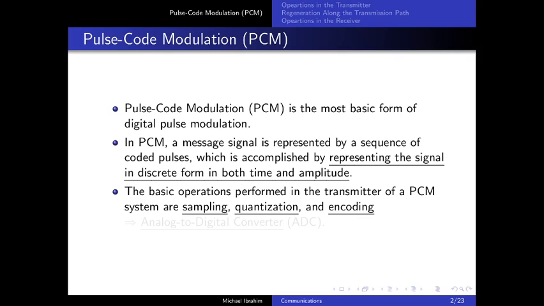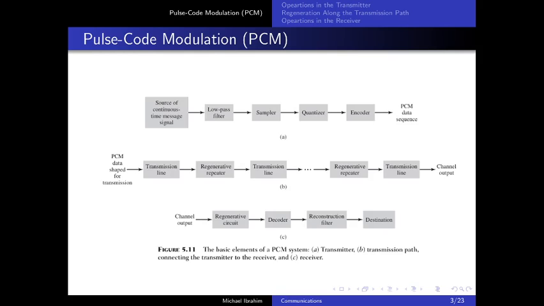And the device that performs this kind of operation is called an analog to digital converter, an ADC. And in some other courses, you will learn about the circuits used in the analog to digital conversion. This is a block diagram of the transmitter over here.